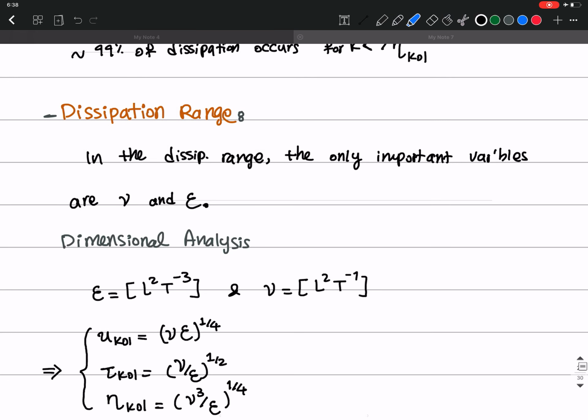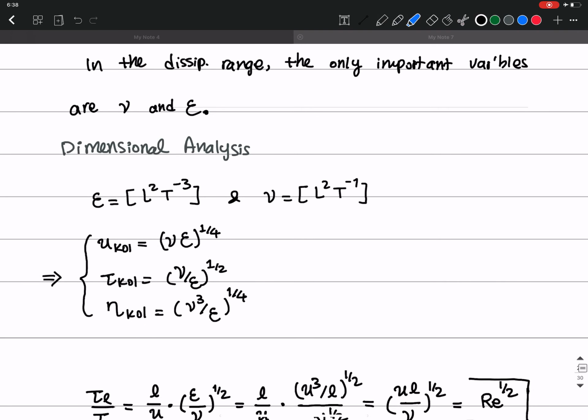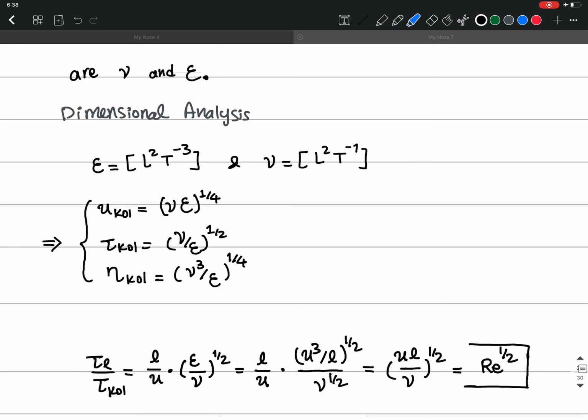And then we did this dimensional analysis for the dissipation range. For the dissipation range, we know that the only important parameters are nu, the viscosity, and epsilon, which is the dissipation rate. Based on that, we showed the Kolmogorov velocity scale, length scale, and Kolmogorov time scale.